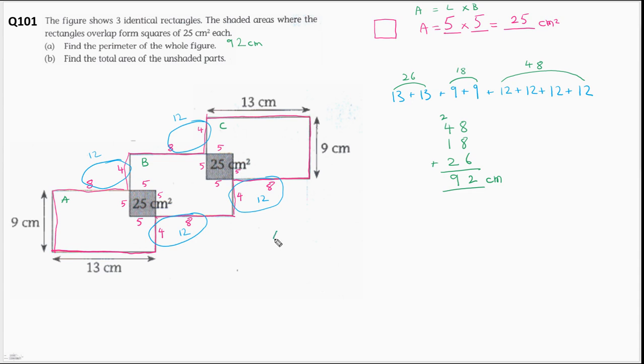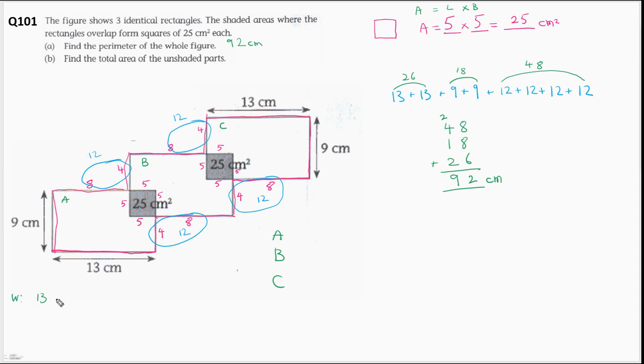So we've got A, we've got B, and we've got C. So let's look at A. We need the length times the breadth of the whole rectangle. So we've got 13. I'm going to call that the whole.